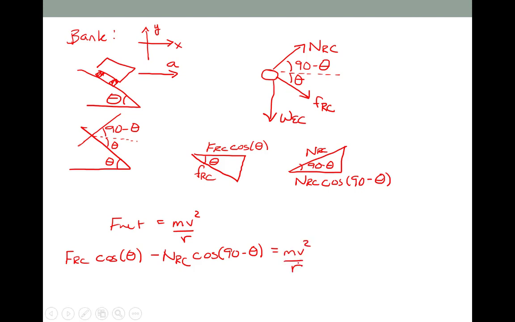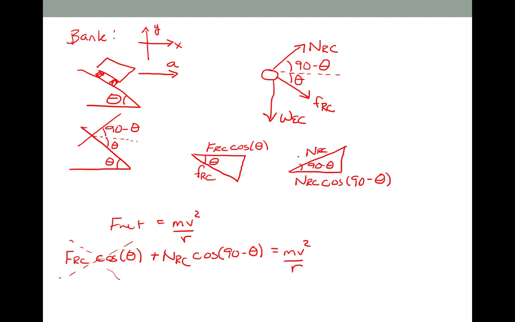Now consider, if this is frictionless, that means that this term goes away. There's no friction, that's got to go away. But, oh, and this should have been a plus sign because those both point along the positive x-axis.